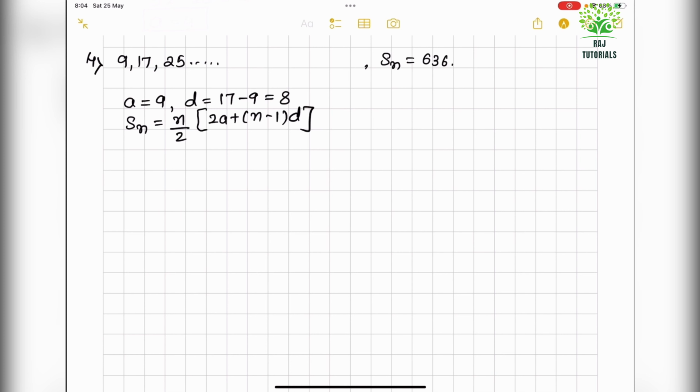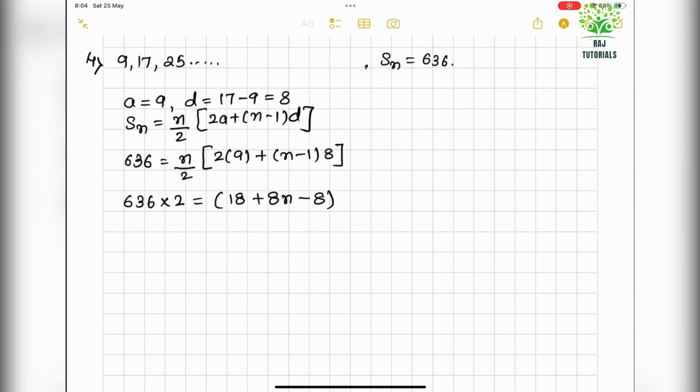So Sn is 636, n I don't know, upon 2 into 2 into 9 plus n minus 1 into d, which is 8. So 636 into 2 will be equal to 18 plus 8n minus 8.